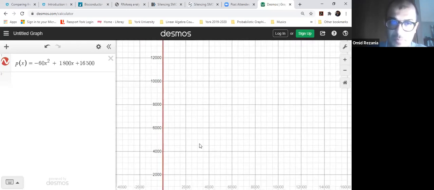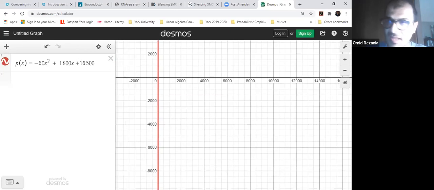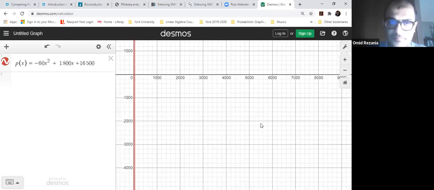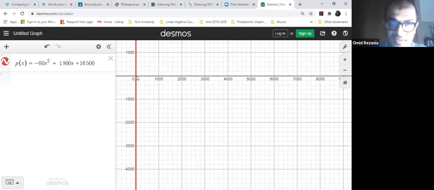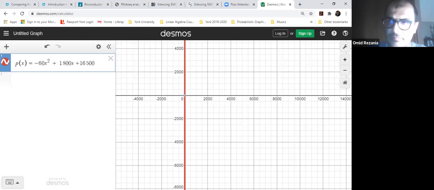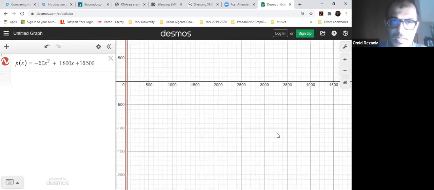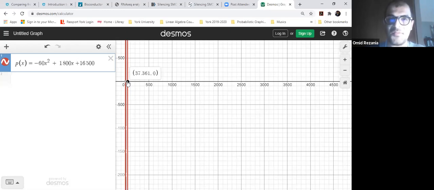The plot is a polynomial, but however, you see that's the thing the x-axis has an intercept with. You see this point? It's around 37.